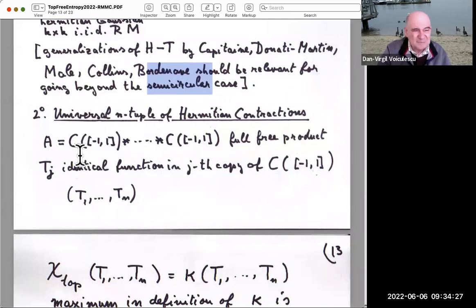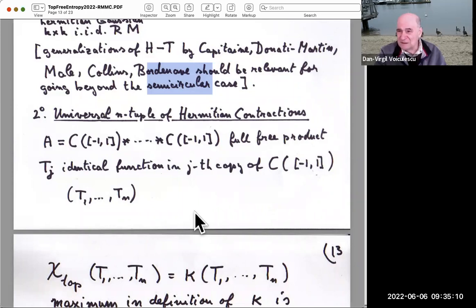Another situation is the universal n-tuple of Hermitian contractions. One takes A to be the full free product of n copies of the continuous functions on the interval [-1, 1], and Tj is the identity function, the coordinate function, in the jth copy of the continuous functions on [-1, 1]. What is this?